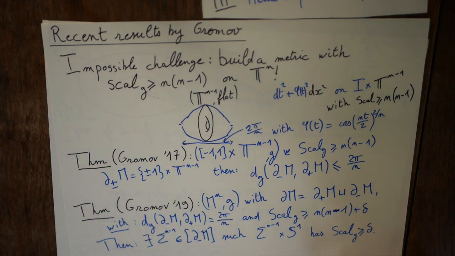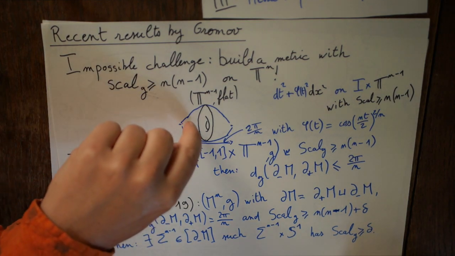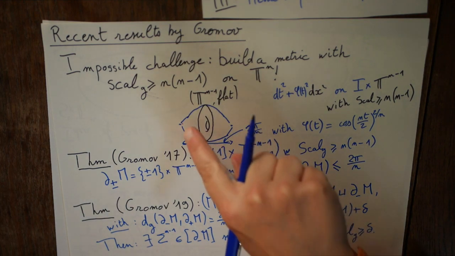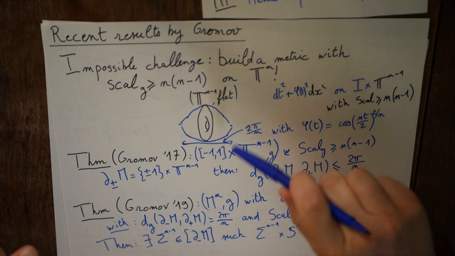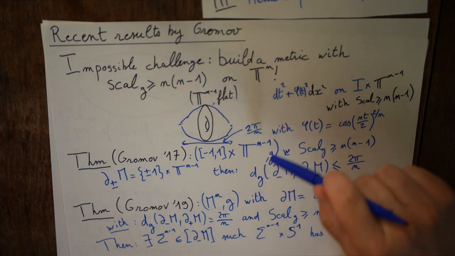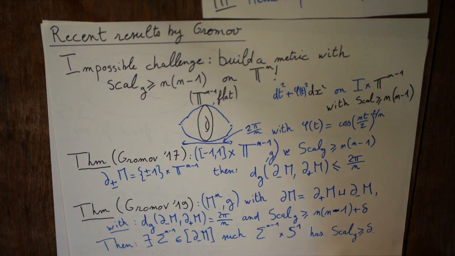So basically what this tells us is that if you can stretch the two boundary components of M as much as in this boundary case for tori, and maintain a scalar curvature bigger than n minus 1, then you can actually fold your manifold back on itself, more or less, retaining all the excess scalar curvature that you had to begin with. So this will be useful.